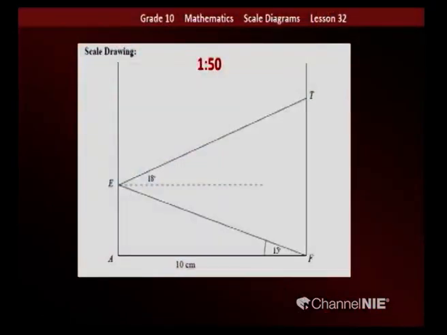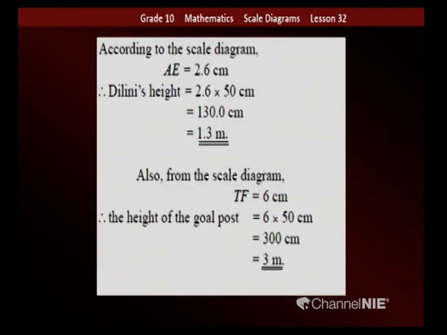Can you measure the length of FT here using the ruler? Yes, you can measure. Now you have to measure the length FT and AE in the scale diagram. Then accordingly, I have to find the actual length, then the height.